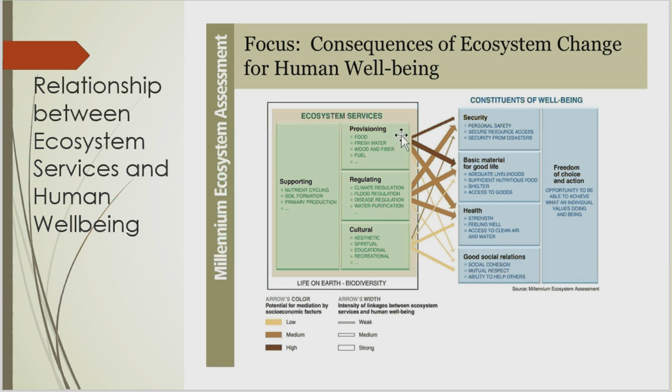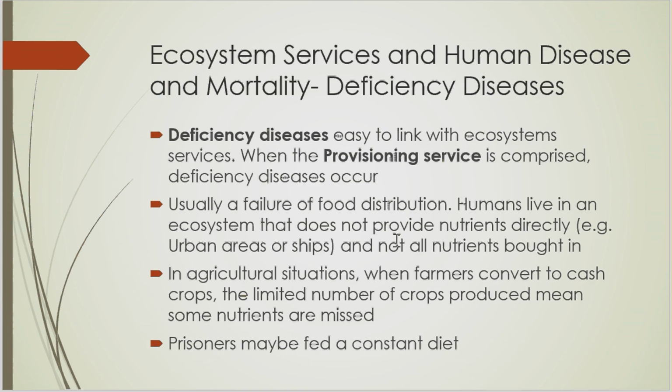And as you can see, human health tends to be influenced mainly by the provisioning services and the regulating services, okay? So let's take a look and see why that is. So the health of humans tends to be mainly served by provisioning services and regulating services.